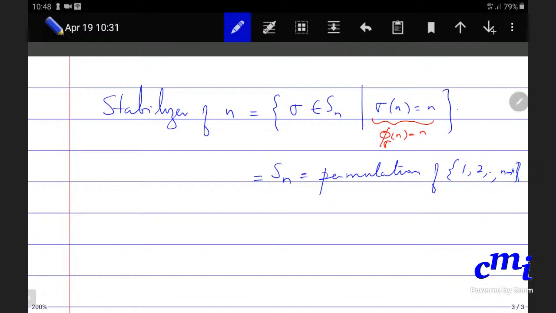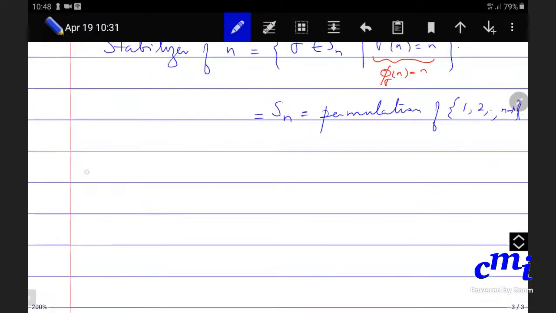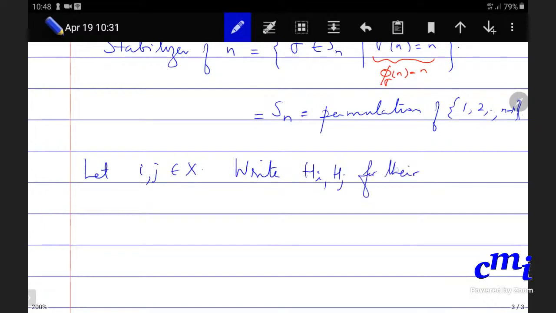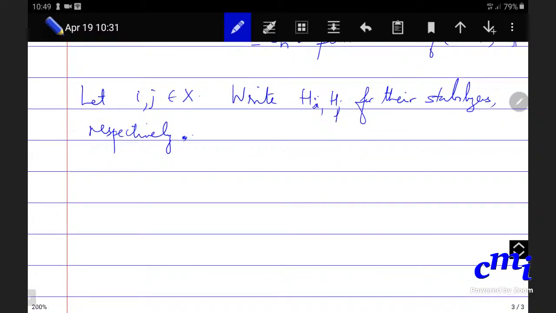Now let us look at some other i. Let's just take two elements i and j in X, and write H sub i and H sub j for the stabilizers of i and j respectively.